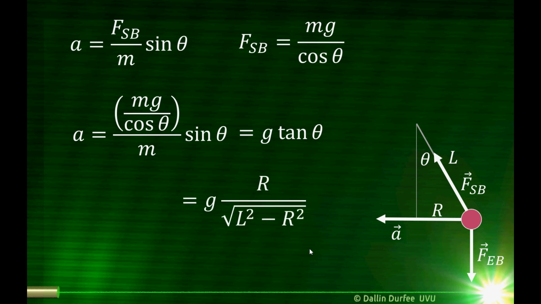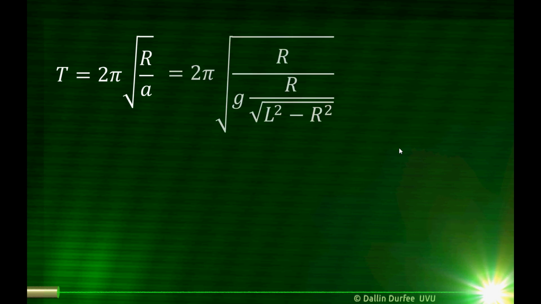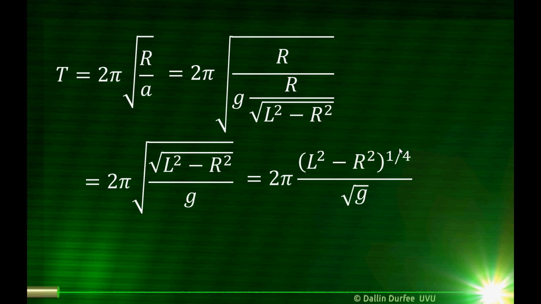So the acceleration then is just g times the tangent of theta, and the tangent of theta, of course, is just r divided by, that's the opposite side, divided by the adjacent side, and the adjacent side we can find using the Pythagorean theorem, and it's just the square root of L squared minus R squared. All right, now we have the acceleration, we can plug that into our equation for the time. So we plug that in, and we simplify, and there's our answer.